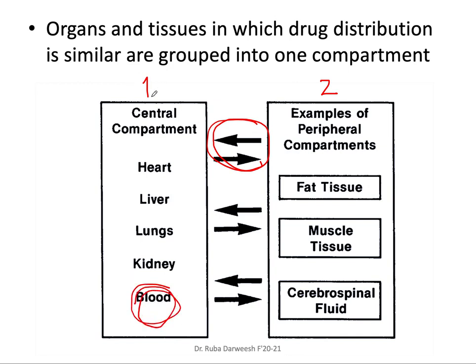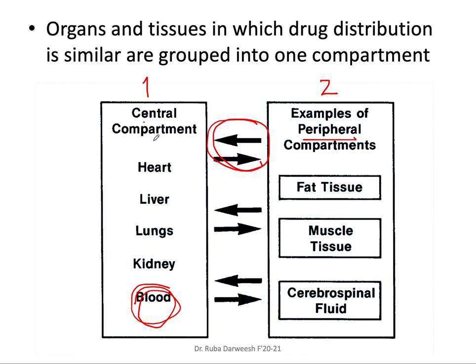We usually call it compartment 1 and compartment 2, or central compartment and peripheral compartment, and as we said, each contains a group of organs.